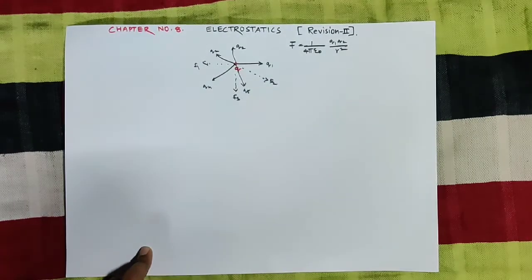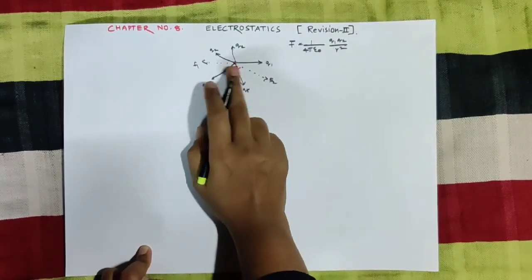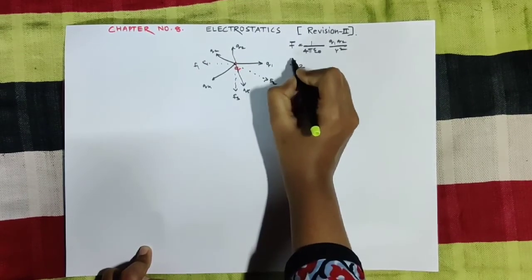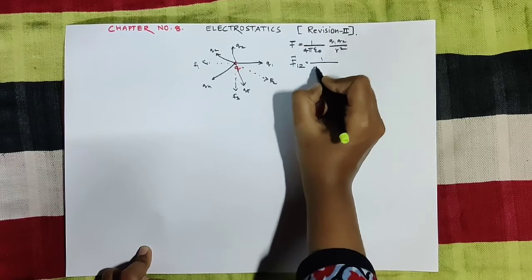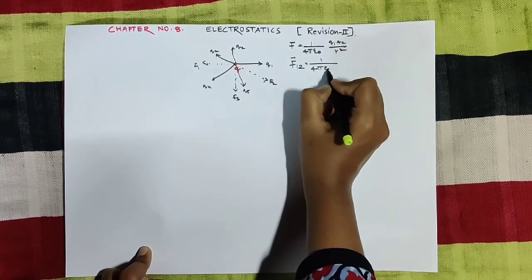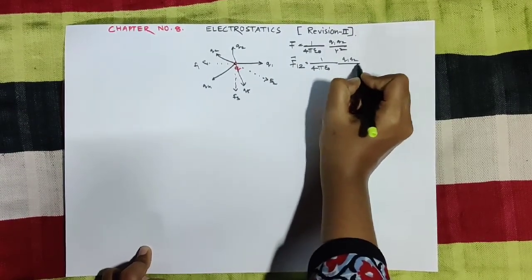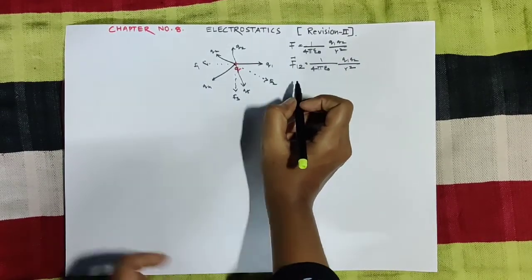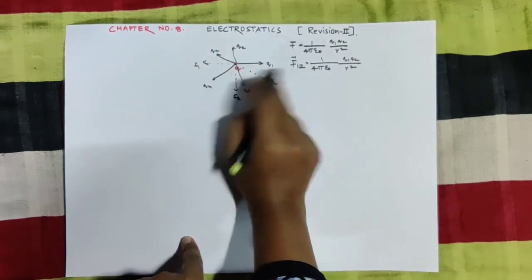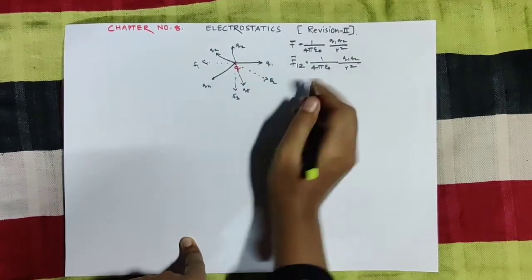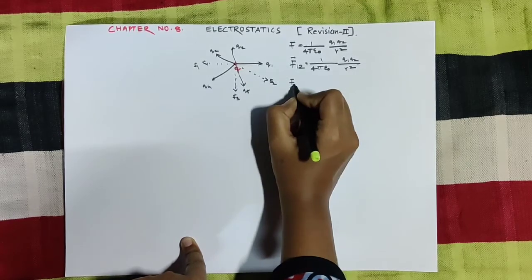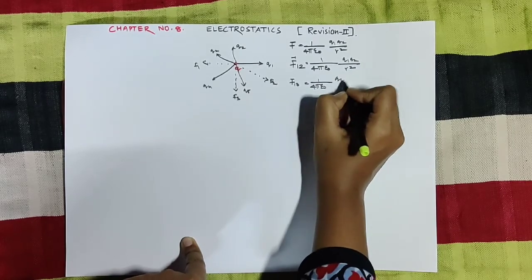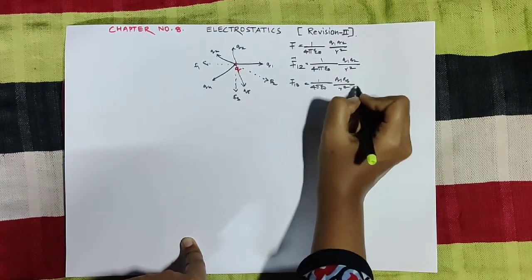In terms of charge Q1 exerted on another charge Q2, we can consider F12 is equal to 1 upon 4 pi epsilon naught Q1 Q2 upon R square, because we consider a pair of charges. Next, if we consider F13, that is the third charge with respect to the first one, we can write 1 upon 4 pi epsilon naught Q1 Q3 upon R square.